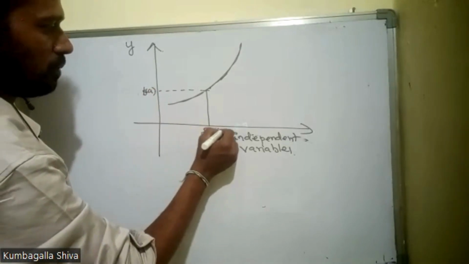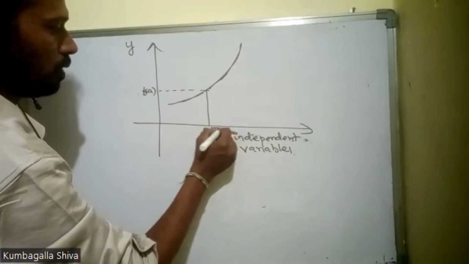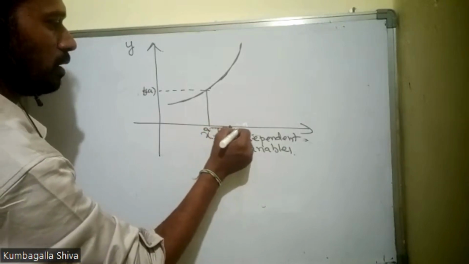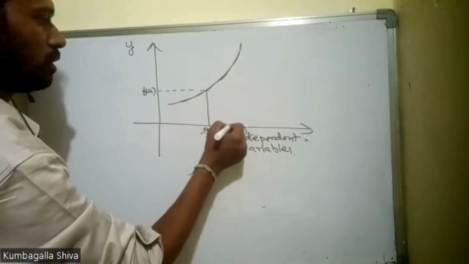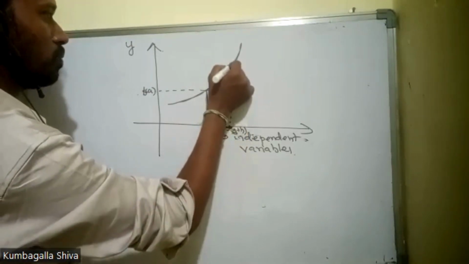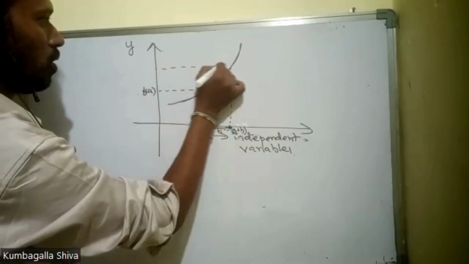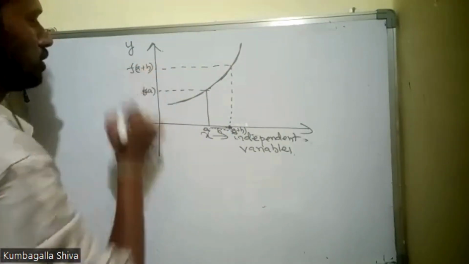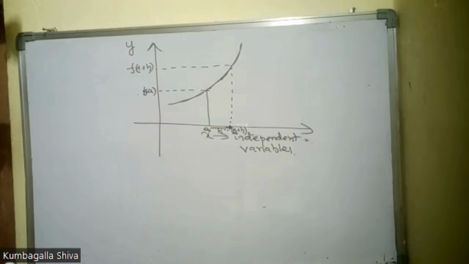Suppose it has incremented by h. The next point will be A plus h, and for this corresponding x value, I get f of A plus h.